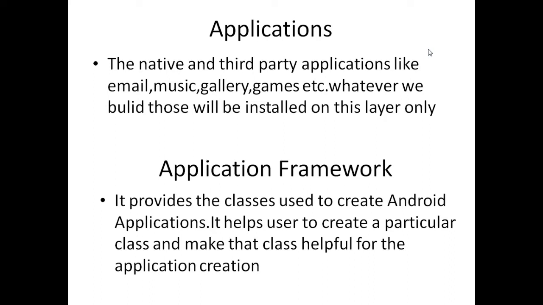The native and third party applications like email, music, gallery, games, contacts, etc., whatever we build, will be installed on this layer only. As we all know, we are using Android mobiles nowadays. So whichever application we create will be installed on this layer only, which is the topmost layer.